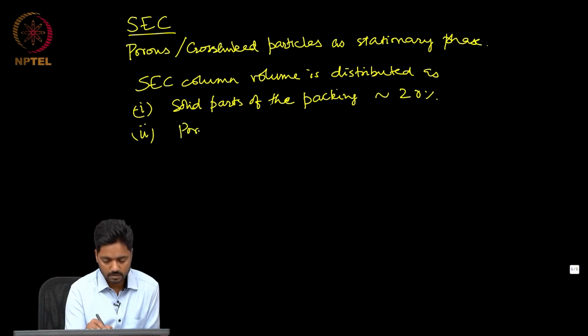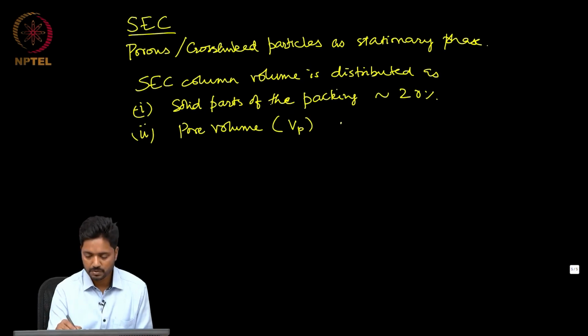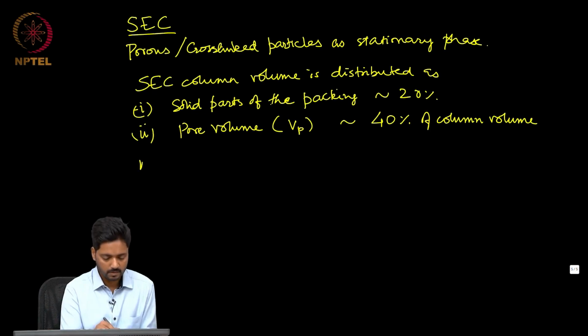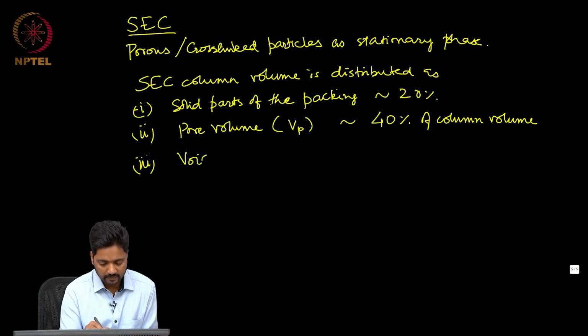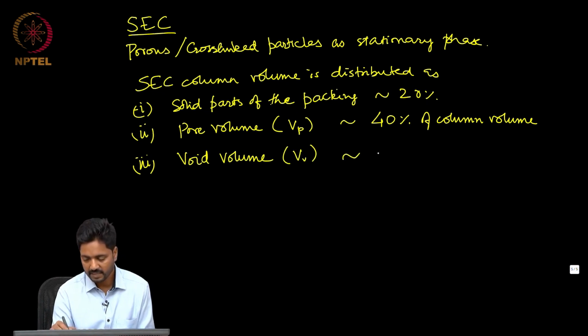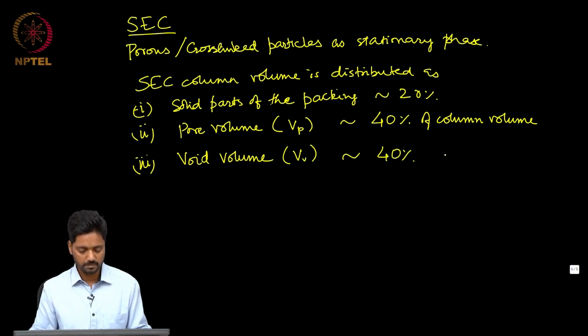So, the pore volume, which we denote as Vp, constitutes about 40% of the column volume. Finally, we have the void volume, which we denote as V void, that also constitutes another 40% of the column volume.